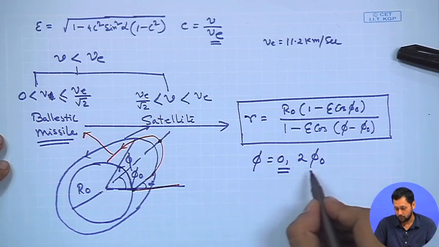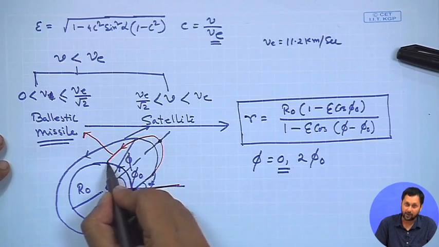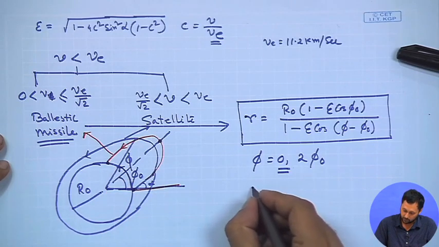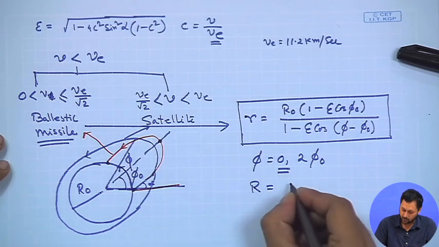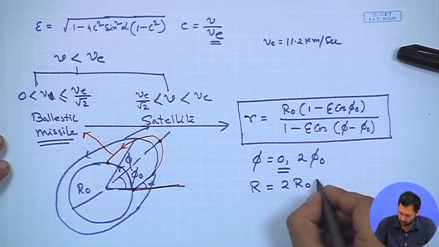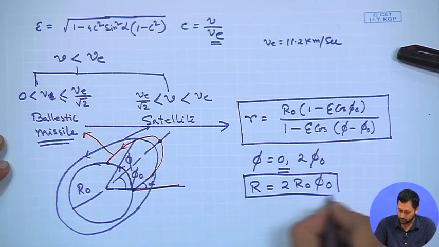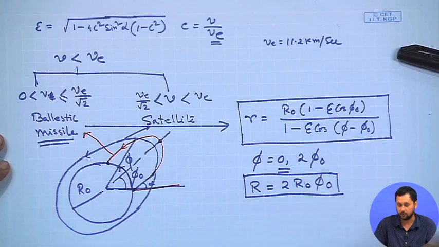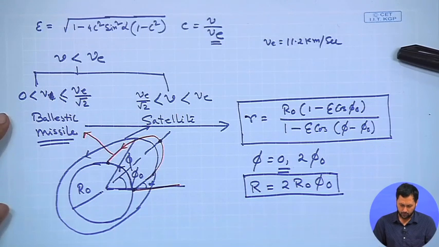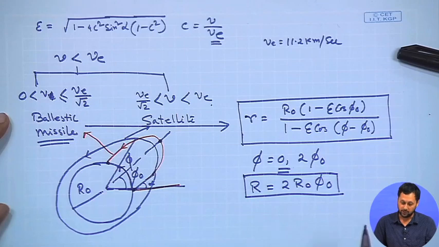Phi equal to 2 phi 0 is the position where the ballistic missile comes back to the Earth's surface once again, and from there we have calculated the range R equal to 2 times r0 phi 0. Here, R is the range and r0 is the radius of the Earth. These are all for the velocity range when the velocity is below ve.